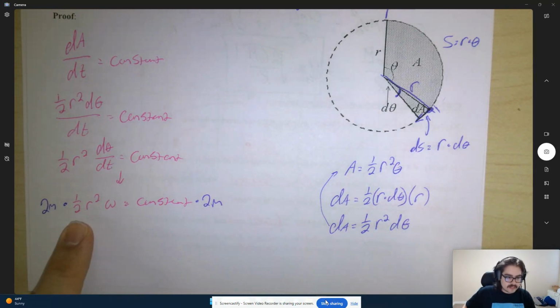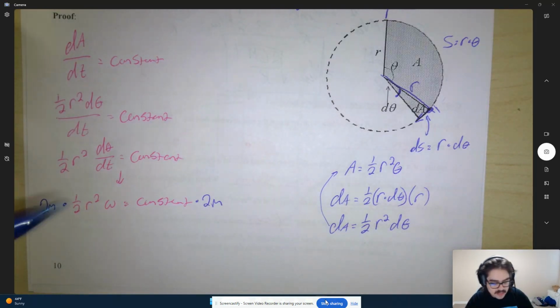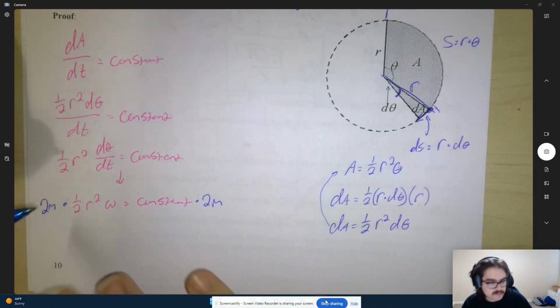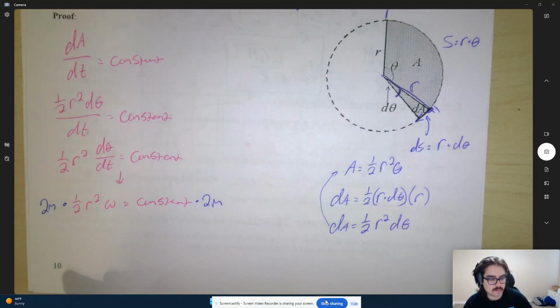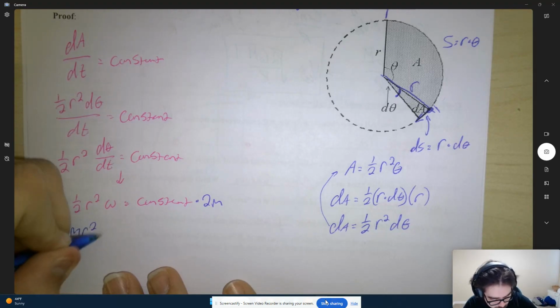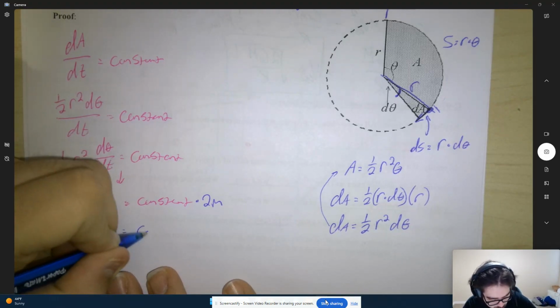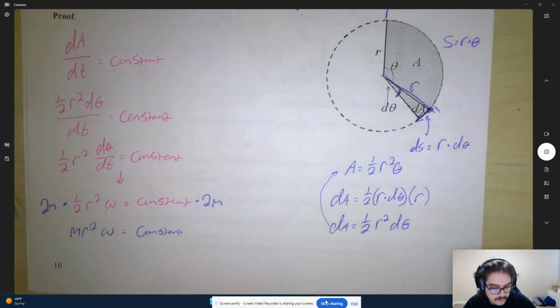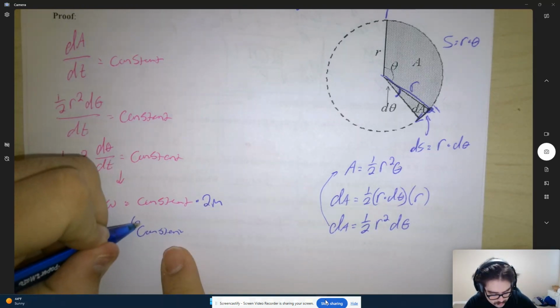My 2 and my 1/2 will cancel out. Oh sorry, this is not going to give me centripetal force. It'll give me the angular momentum, right? So this is going to be m r squared omega equals a constant. By the way, a constant times 2m is just a new constant.